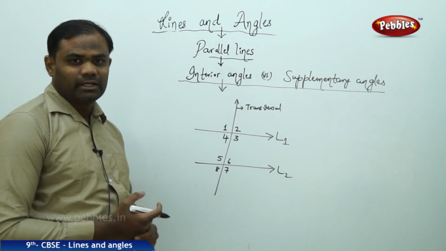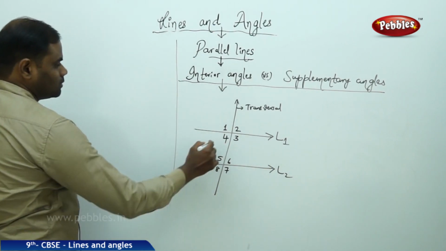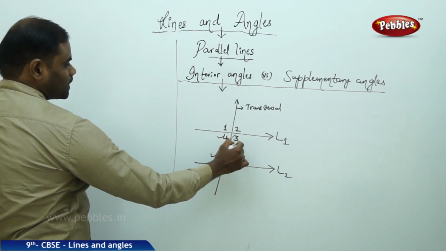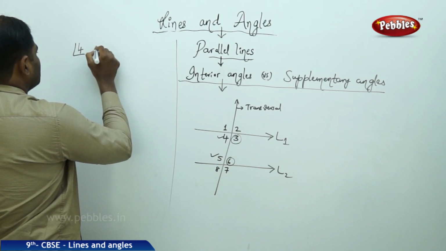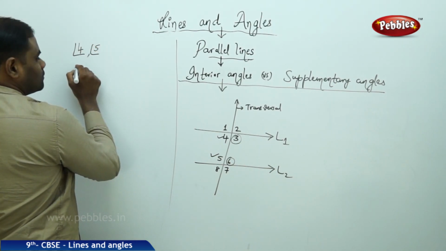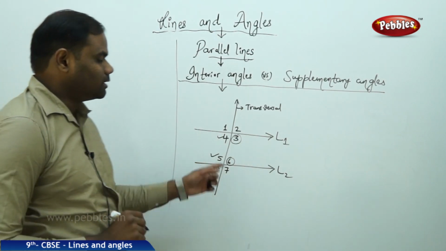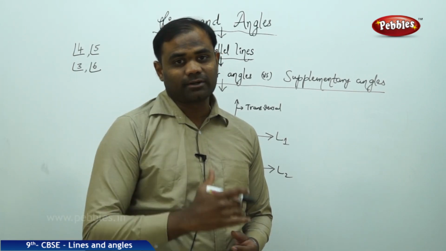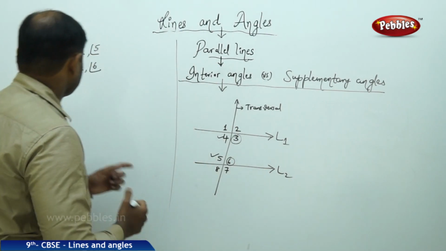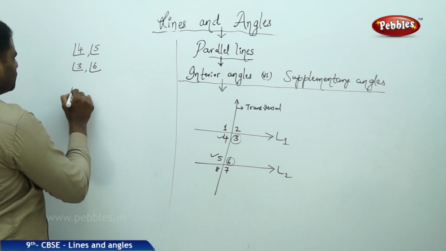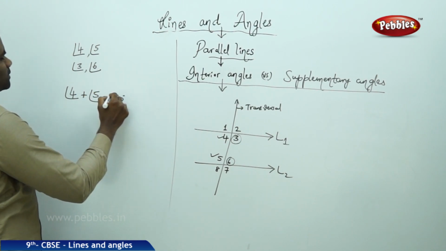Now we know that the interior angles on the same side of transversal are 4 and 5 and 3 and 6. So angle 4 and 5 and angle 3 and angle 6 are the interior angles on the same side of transversal. Now the property says that in mathematics, the pair angle 4 plus angle 5 is always 180.